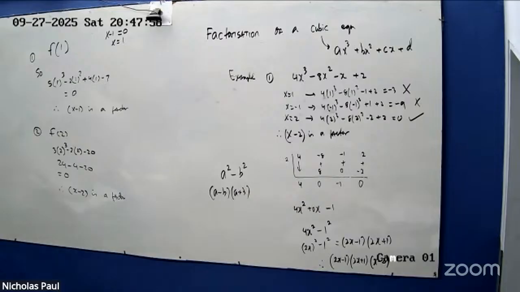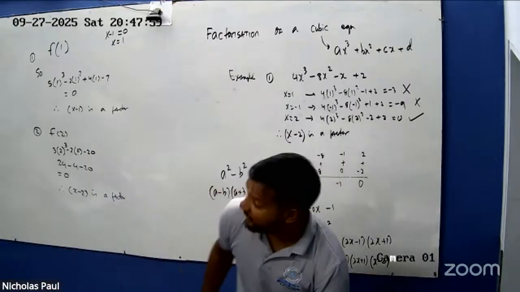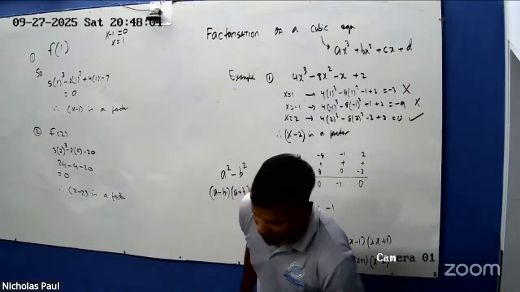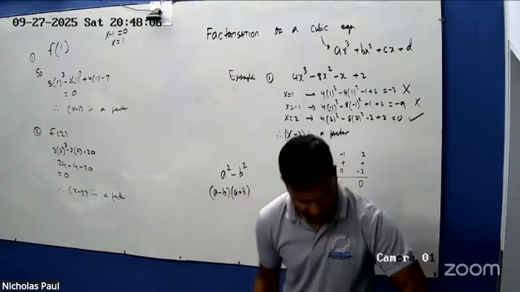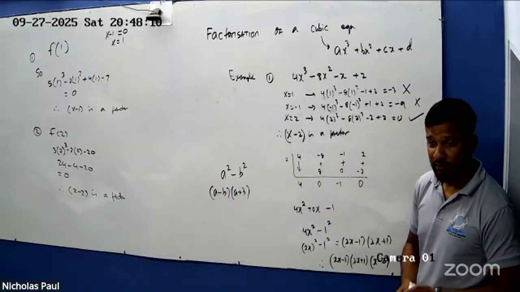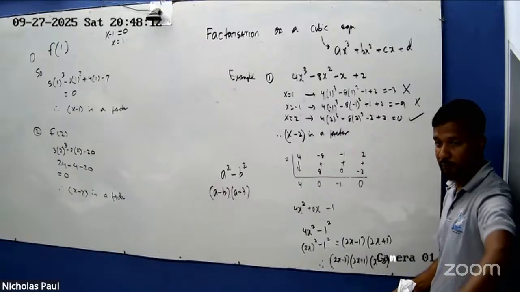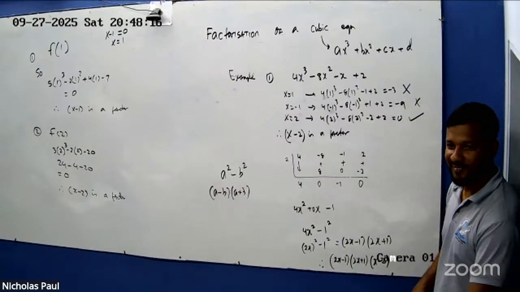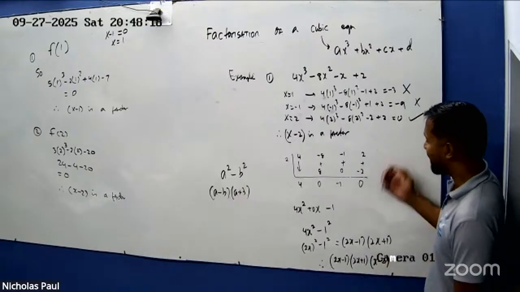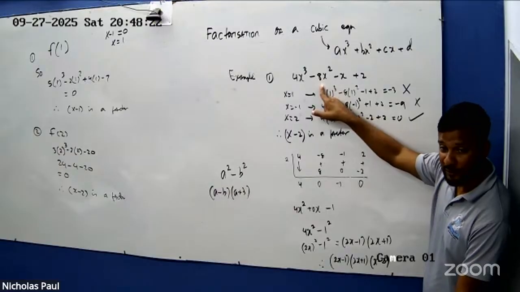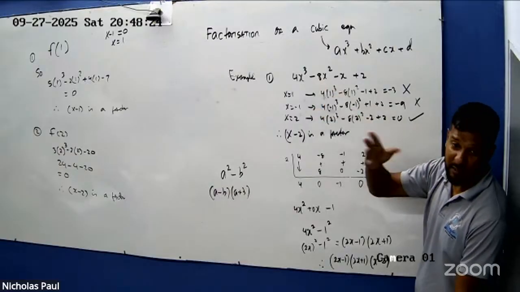Right, so let's run over these steps, and I'm going to give you one to try and see if you can do it. We're trying to factorize a cubic. Factorize means three products, sometimes two products.